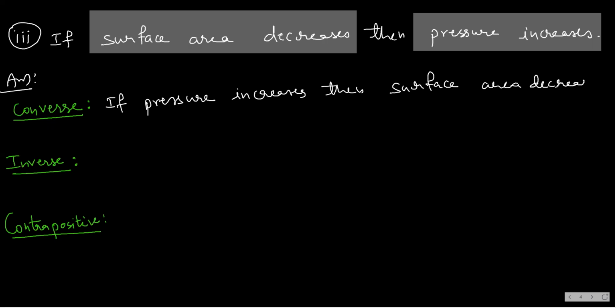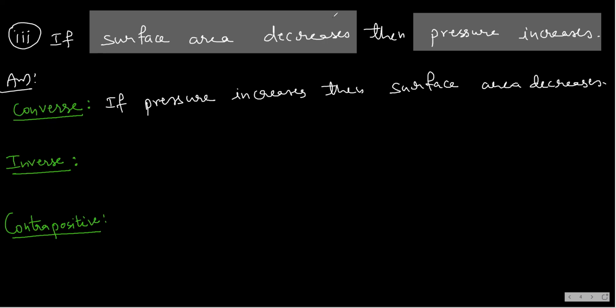And you know better what we have done. We have just reversed the role of these statements. The one which was conclusion has now become the hypothesis, and the one which was hypothesis is now turned into conclusion.